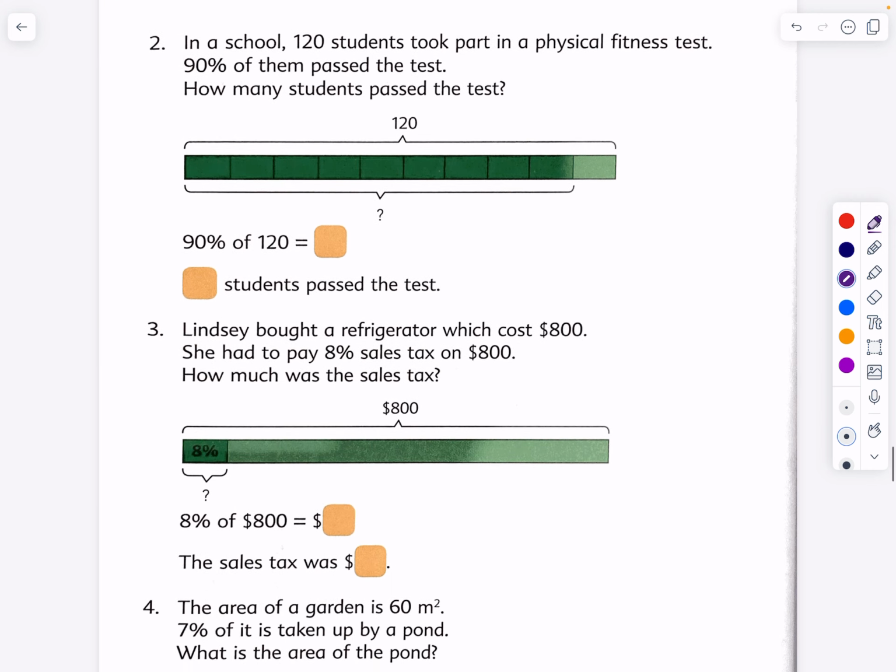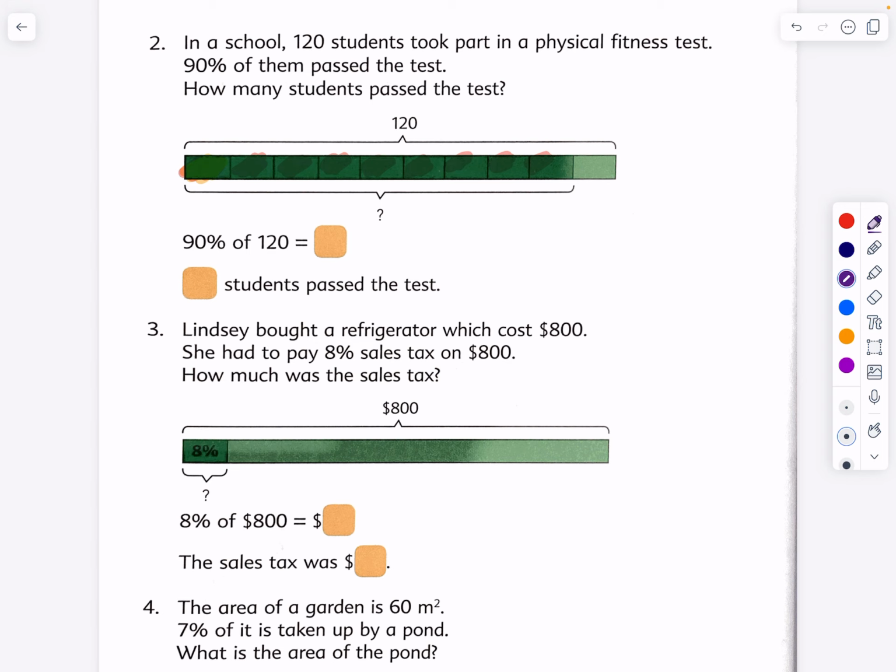Let's solve a few word problems. In a school, 120 students took part in a physical fitness test. 90% of them passed the test. How many students passed the test? Remember, 90% is 1, 2, 3, 4, 5, 6, 7, 8, 9 out of 10 equal parts, right? That's what 90% means.